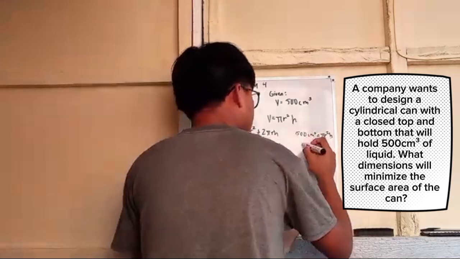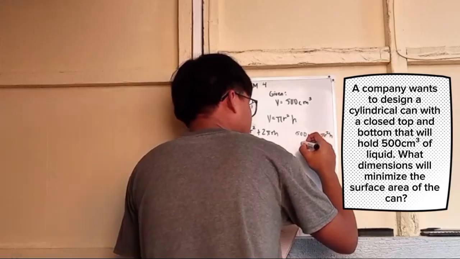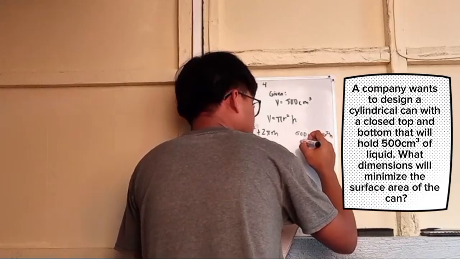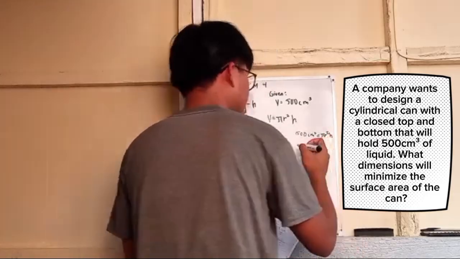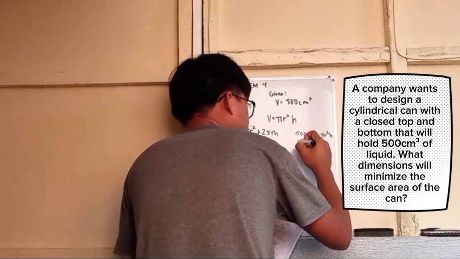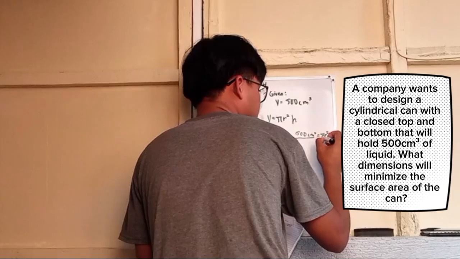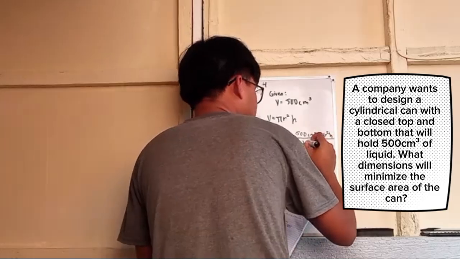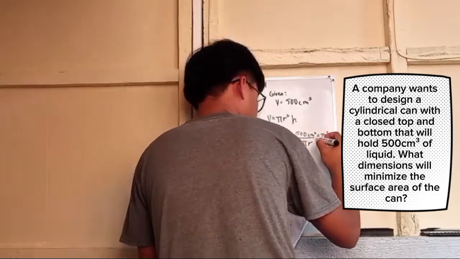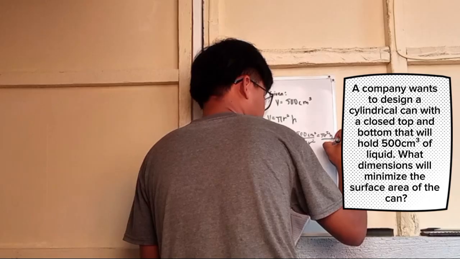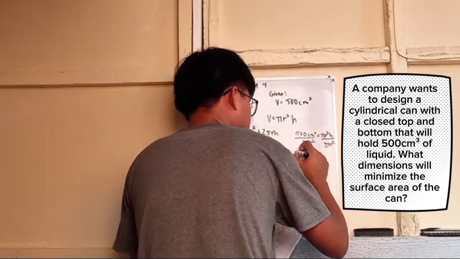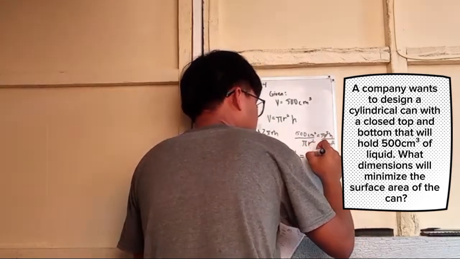So we'll transpose the h so that we can get the height. So divide by pi r squared to get the height.